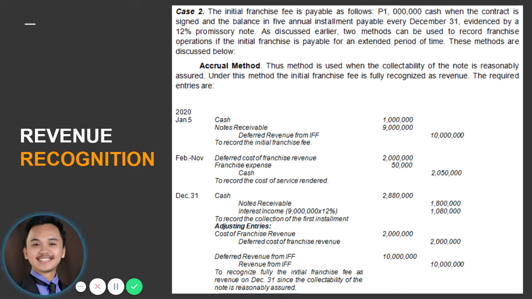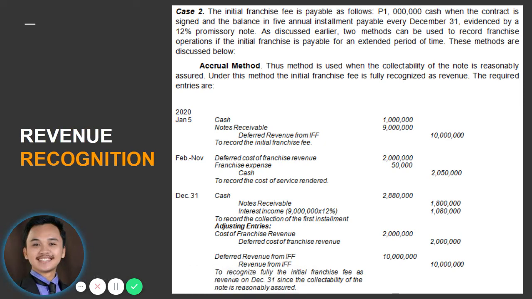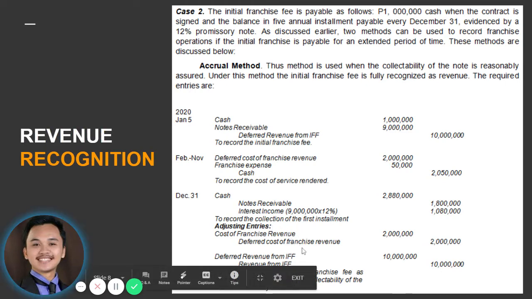Okay? Kahit hindi pa na-collect ang entire 10 million. So ang i-recognize nato diri nga initial franchise fee will be the entire 10 million. Okay? To recognize the initial franchise fee will be debit to deferred revenue from initial franchise fee of 10 million, credit to revenue from initial franchise fee of 10 million also. So again, we recognize under accrual method the entire 10 million.